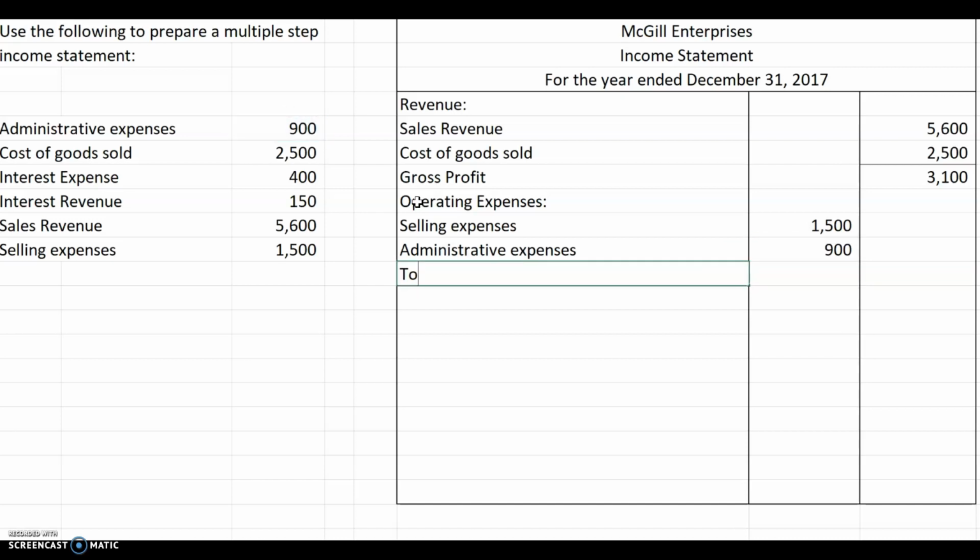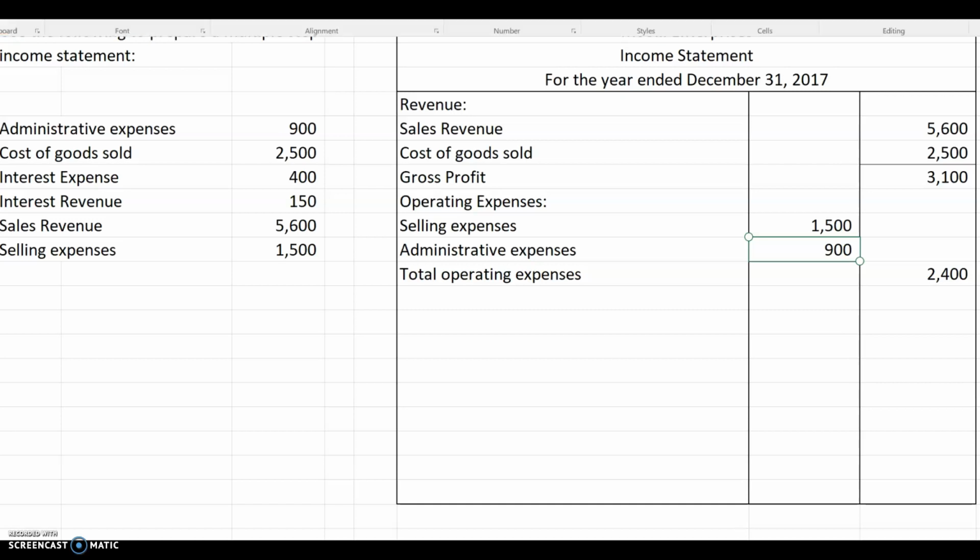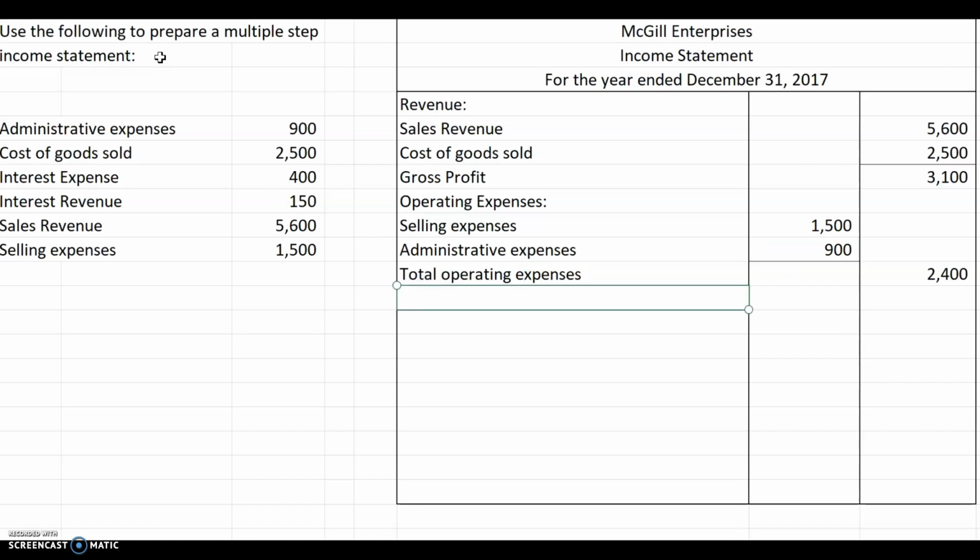So our total operating expenses, $1,500 plus the $900, are $2,400. Now we can do our next step, and that is to subtract the total operating expenses from the gross profit, and that gives us operating income.